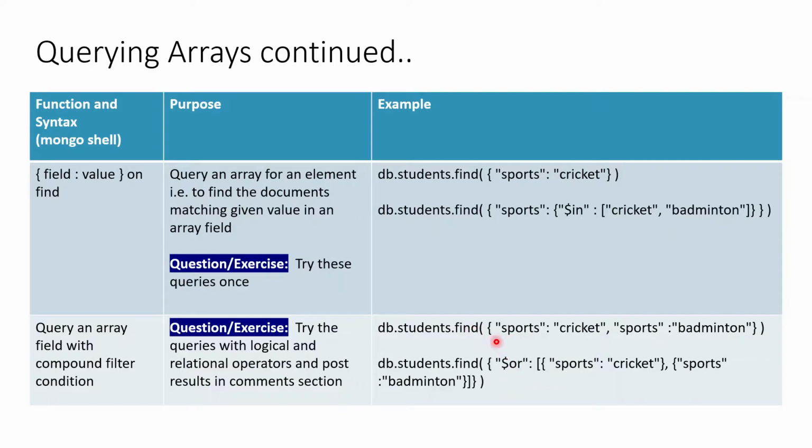By default, the above query is using the AND operator. Here it is being used as either cricket or badminton, so we will find the students who have opted for either cricket or badminton. You can say that this query is more or less similar to the $in operator. The $in operator is a slightly better way to write the same query.